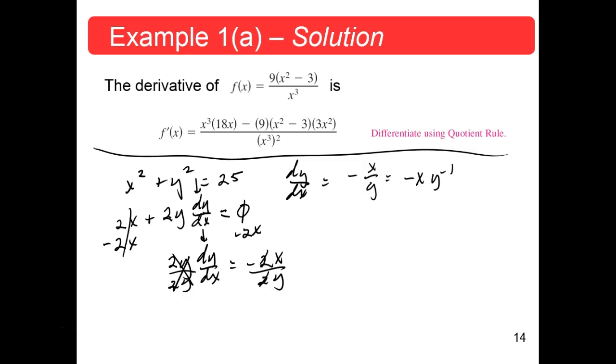Okay? So what would d2y dx squared be? It's basically the derivative of this, but let's do the product rule. And how does that go? Anybody? How does the product rule go?